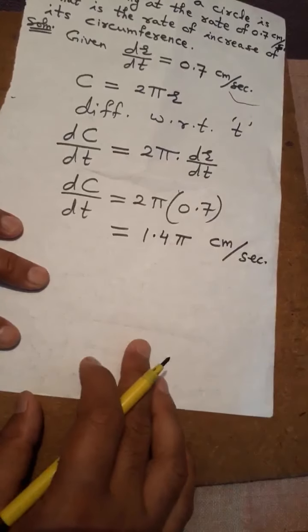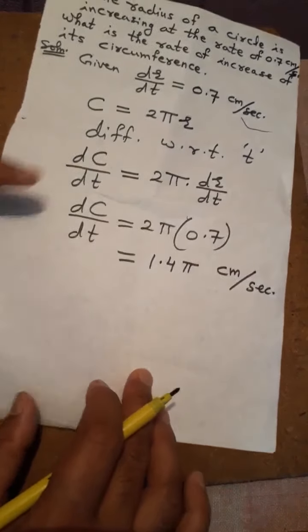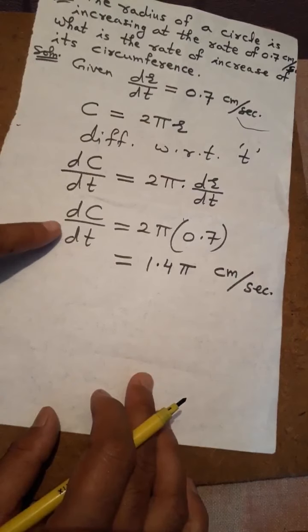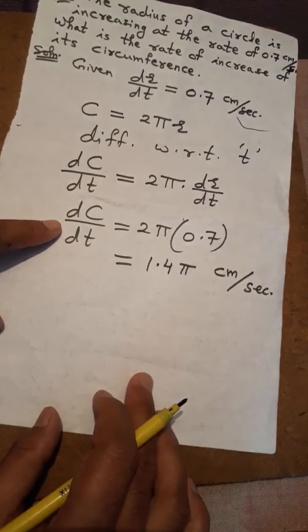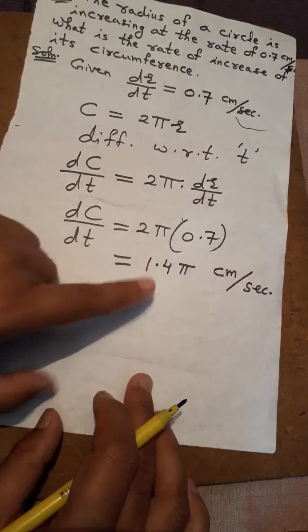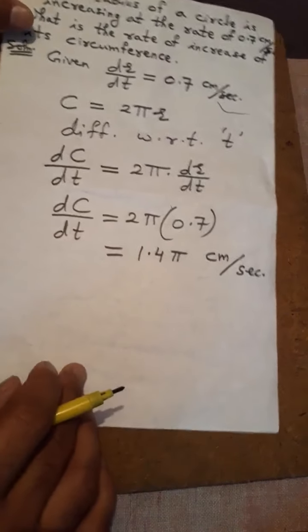So the rate of increase of its circumference is 1.4 pi centimeter per second.